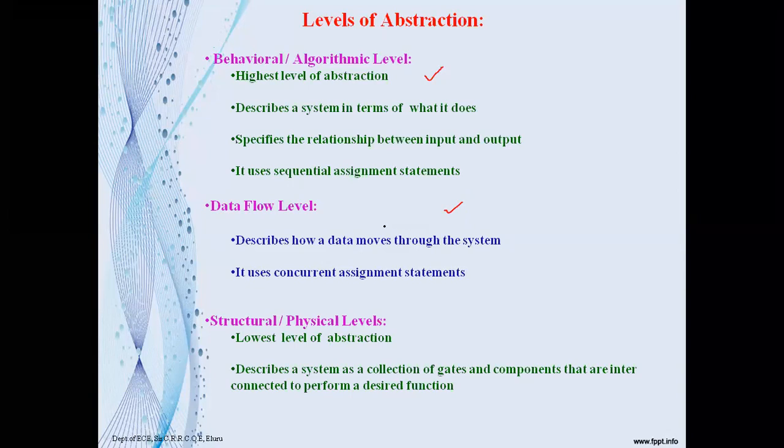The data flow level describes the system behavior in terms of how the data is moving from input to the output. And the last, which is the lowest level of abstraction, is similar to our physical digital circuit.